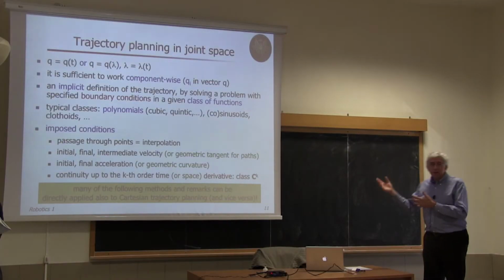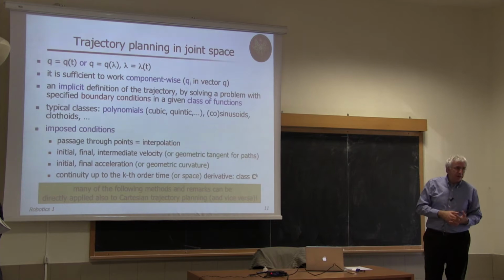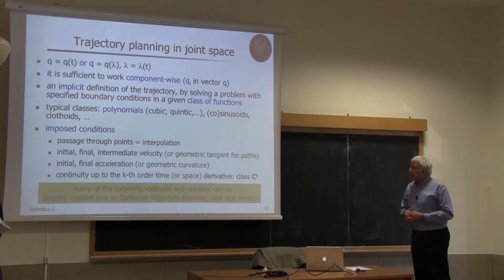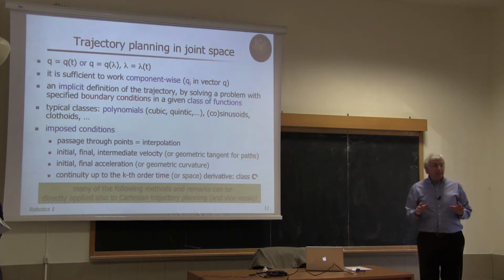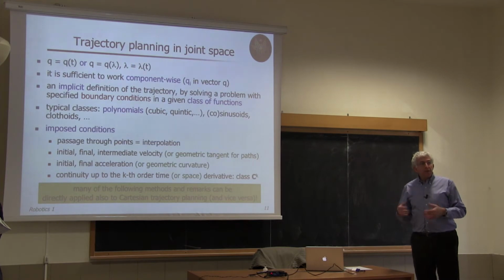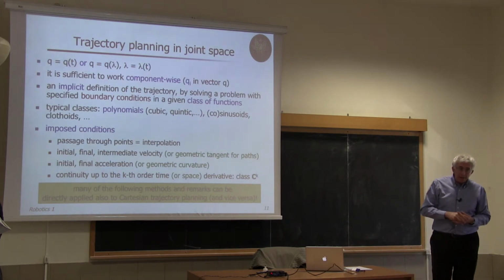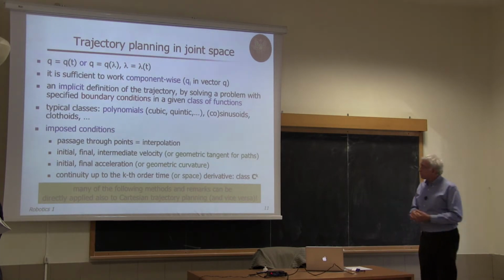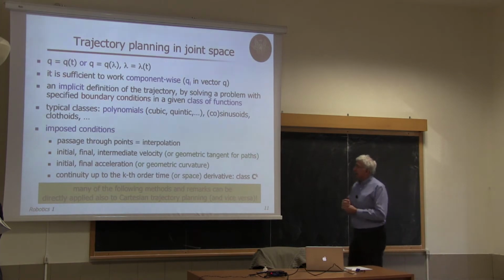So what I write in time could be written in parameter and vice versa, saving the fact that I can speak of velocity and acceleration when I take time derivative of quantities. I should speak of path tangent, path curvature when I take the derivative with respect to the arc parameter. Okay? Otherwise, everything is very similar.